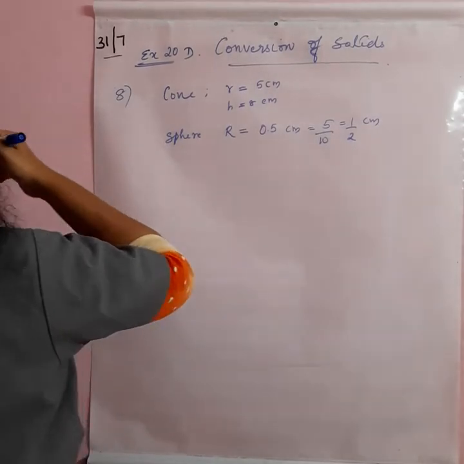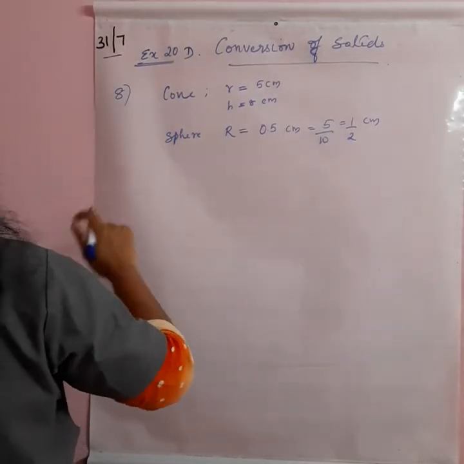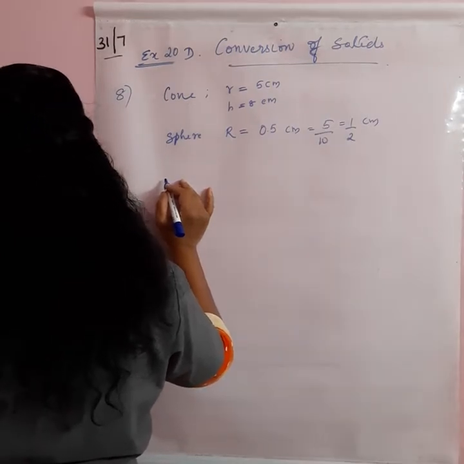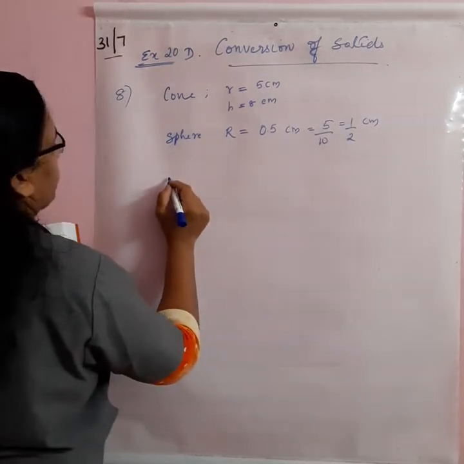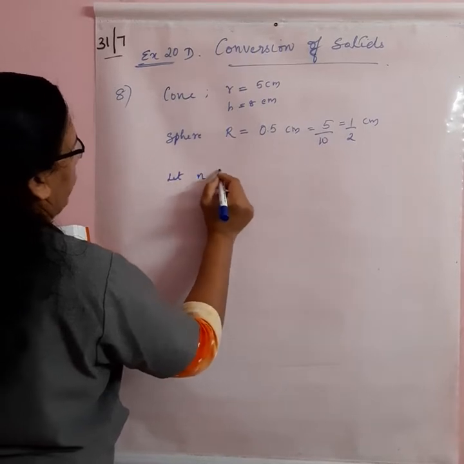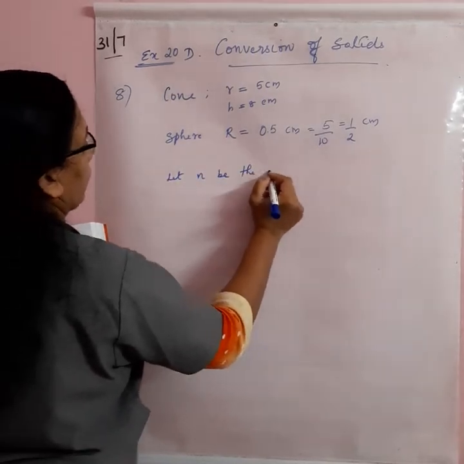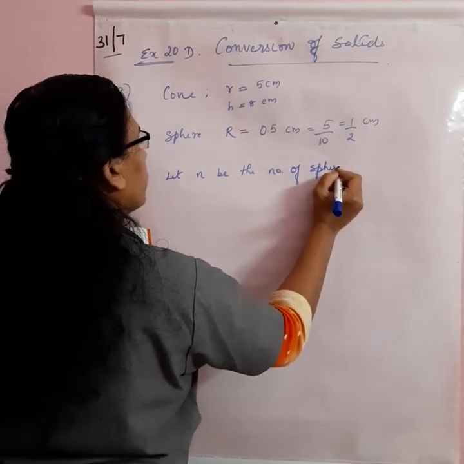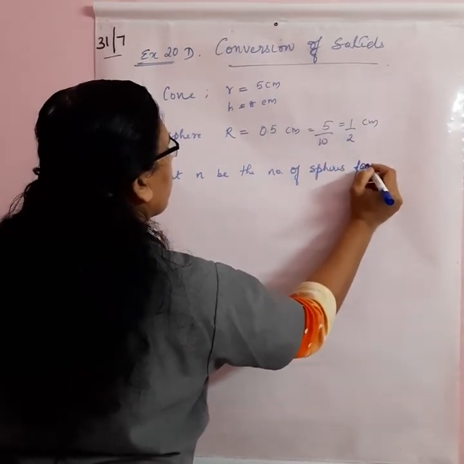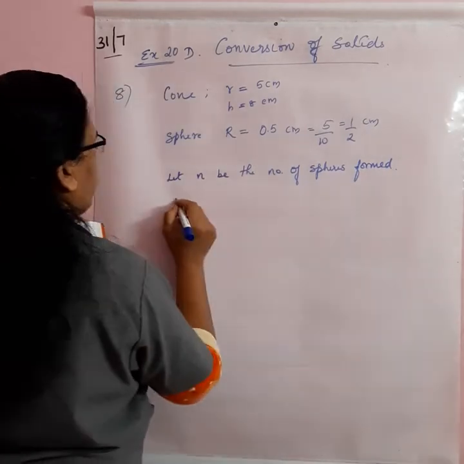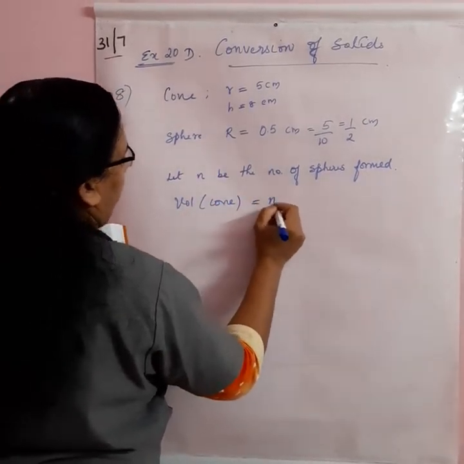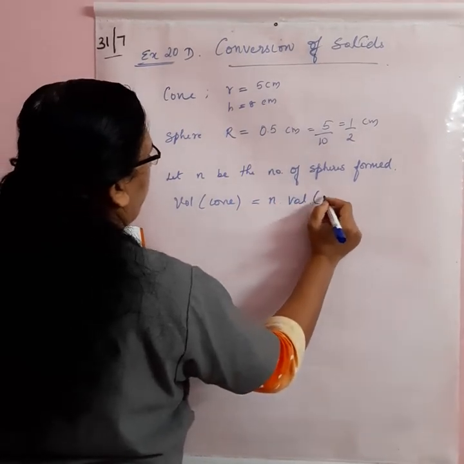So R is equal to 1 by 2 centimeter. Now what is given? The cone is melted and made into small spheres. So let n be the number of spheres formed. Therefore, volume of cone is equal to n into volume of one sphere.